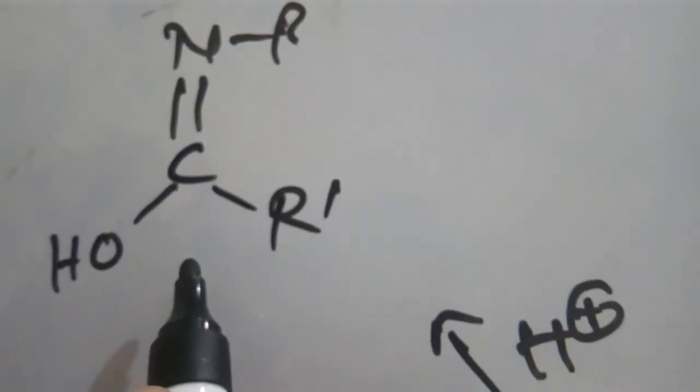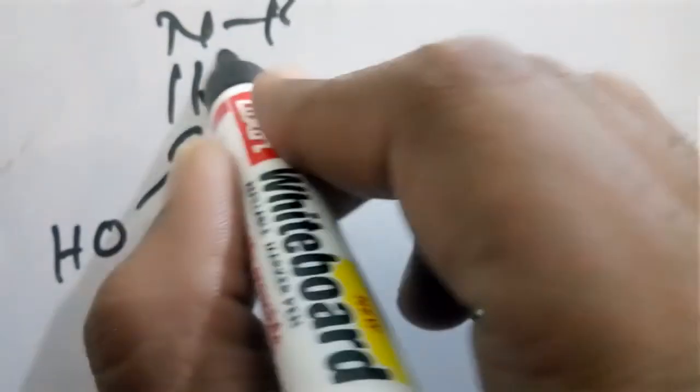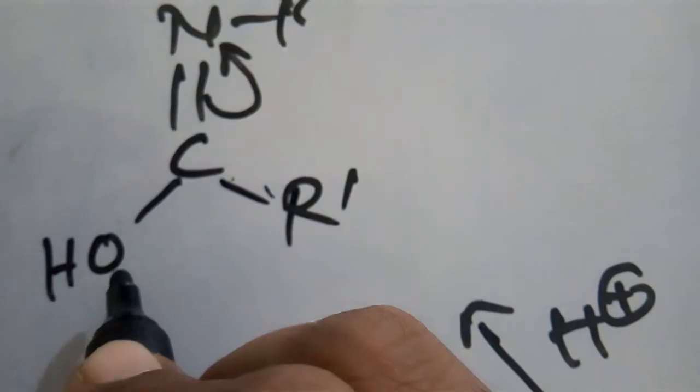Now the next thing is that this nitrogen is more electronegative than carbon, so electrons will be pulled toward nitrogen, and because carbon will now bear a delta plus charge, the electrons of this lone pair of oxygen will be shared.